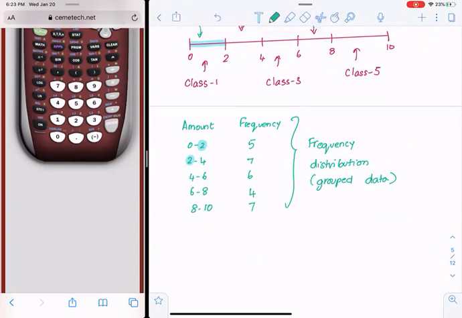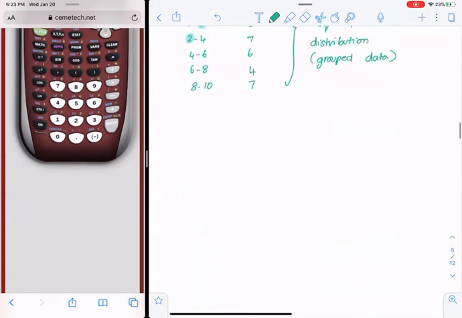So frequency distribution, grouped data, they mean one and the same. Now that we have the frequency distribution, we can create a histogram.